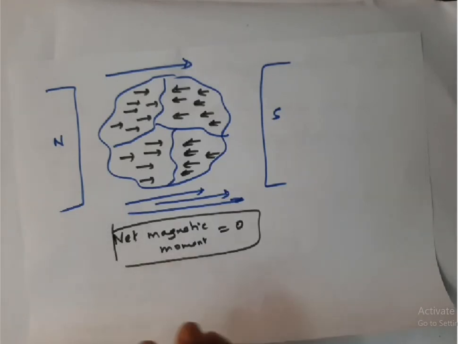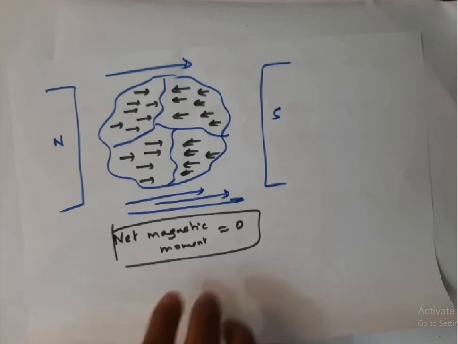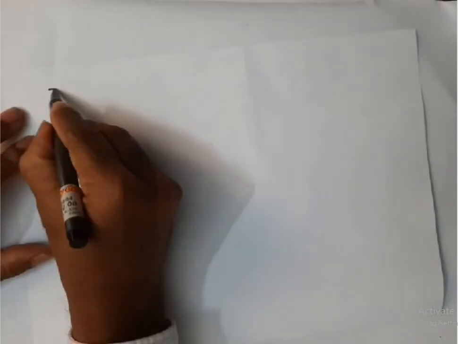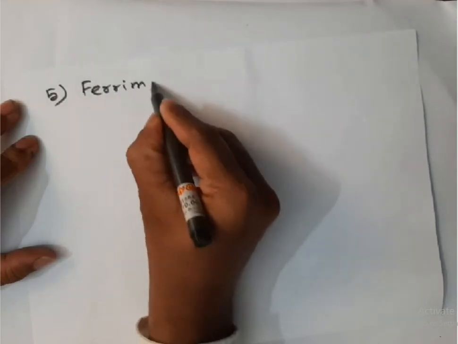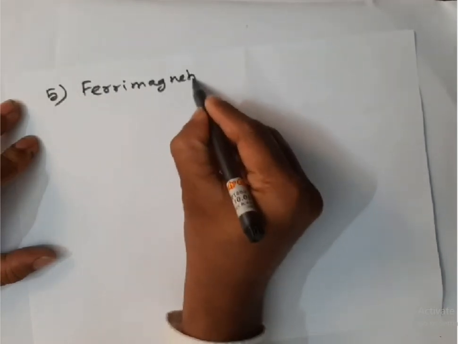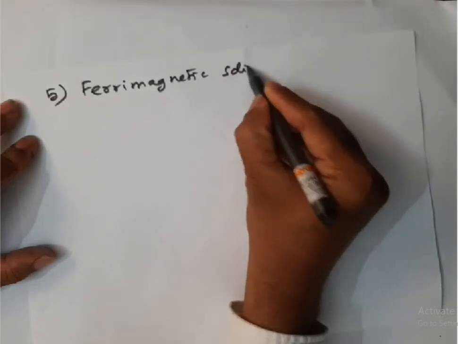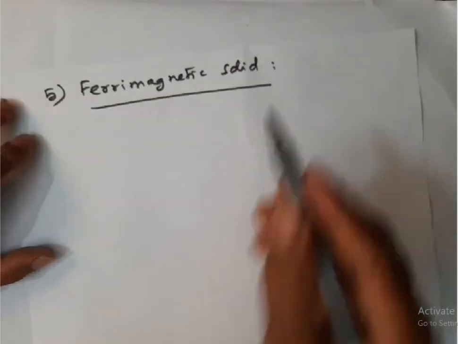Now, the last one, called the ferrimagnetic material. What is a ferrimagnetic solid? The fifth type, ferrimagnetic solid. What is meant by ferrimagnetic solid?